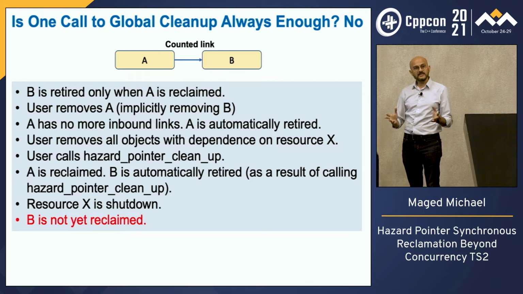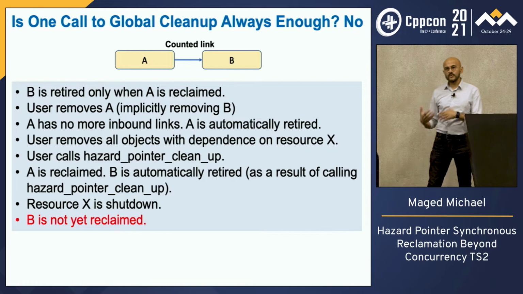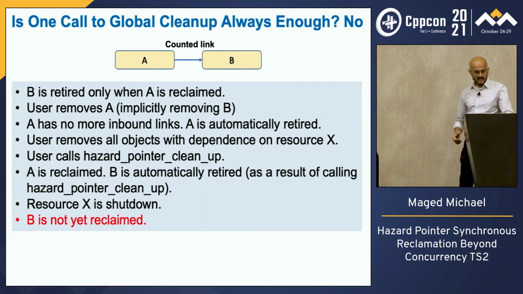B is only retired during the call, so it's not covered by that guarantee. So now resource X gets shut down, but B hasn't been reclaimed yet. So actually, we need more than the interface in TS2 in this case.